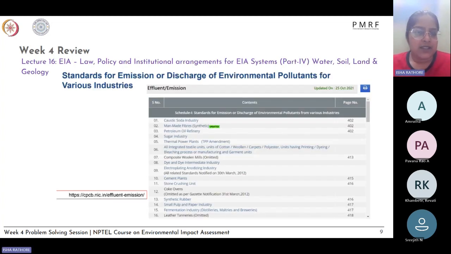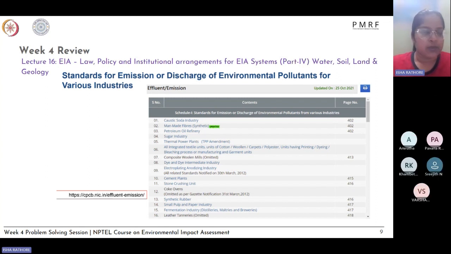Then we also look up at standards for emission or discharge of environmental pollutants from various industries. So different industries have different usage of water and different amounts of wastewater or emissions or discharge of pollutants in the water after the water has been used for the process for that particular industry. So then we have standards for this wastewater or discharge of environmental pollutants which come out of various industries, basically.